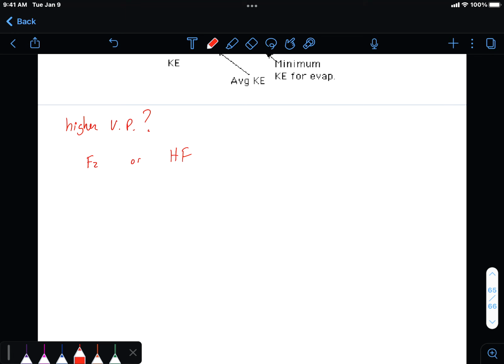Nate? HF has a greater IMA. It does. What is it? It's hydrogen bonding, yeah. It has hydrogen bonding, which is stronger than, what does F2 have? London, right.